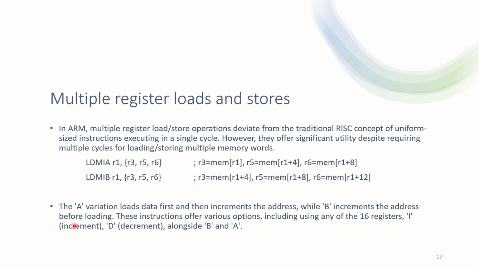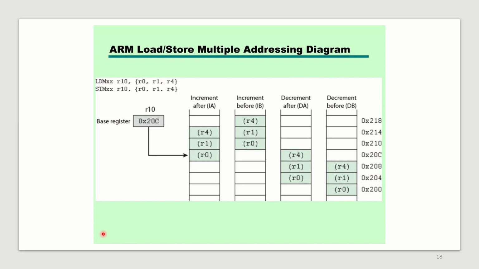In RISC, all instructions need to be executed in a single cycle, but with instructions like these, ARM is a slight deviation, because if you are loading multiple registers, obviously it is not going to happen in a single cycle. You are going to need multiple cycles.